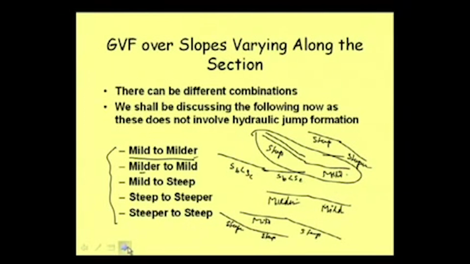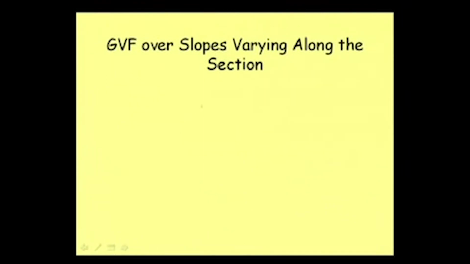So let us take first this mild to milder. Well, say it is a mild slope coming, and then it is becoming further milder. This is not horizontal, this is also a mild slope, but it is milder than the existing one.